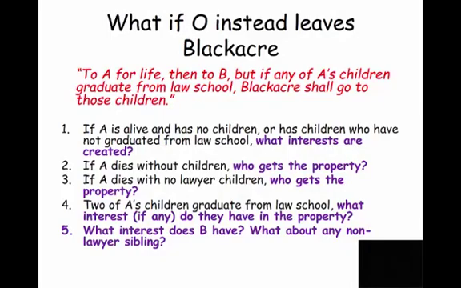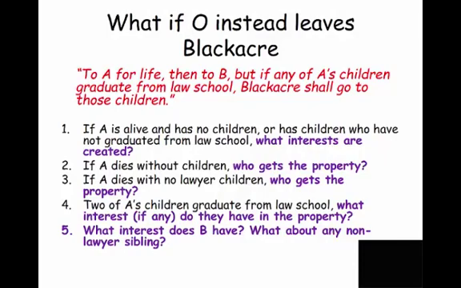Now, A still has a life estate, but B has a vested remainder subject to divestment, and A's children have an executory interest. The reason I'm making you think carefully about what exactly is created is that it matters for the rule against perpetuities.